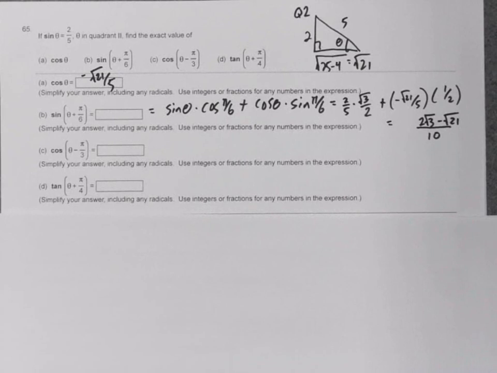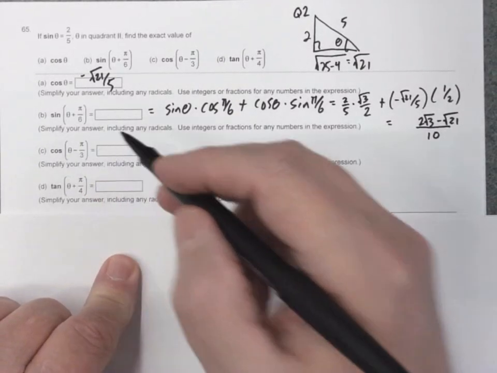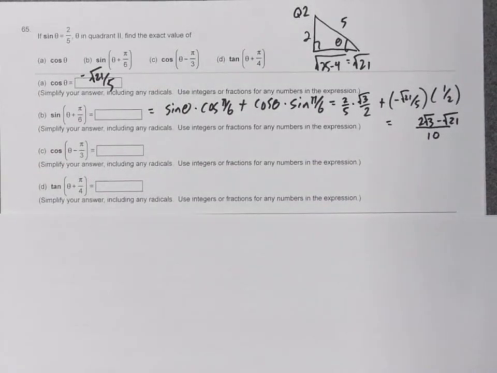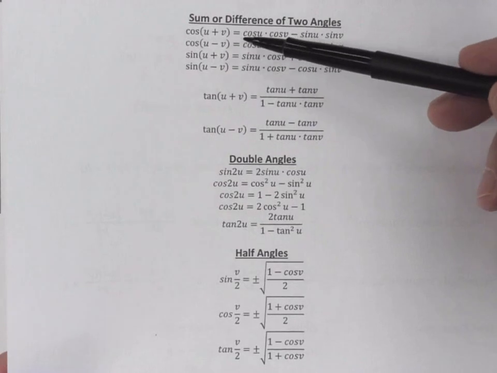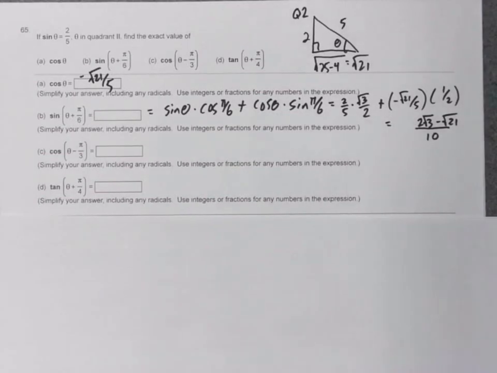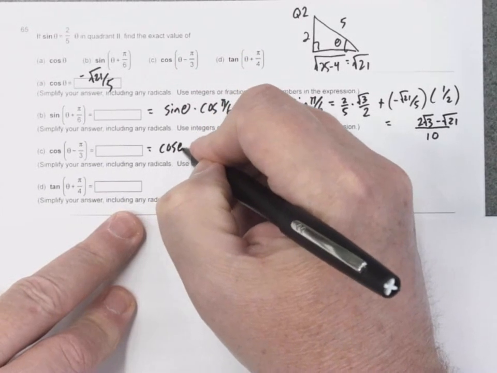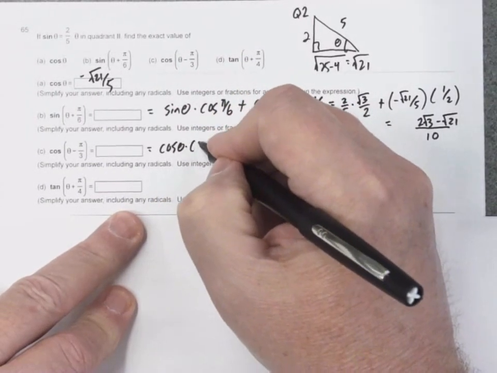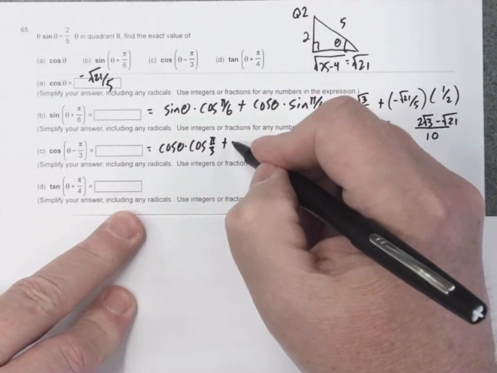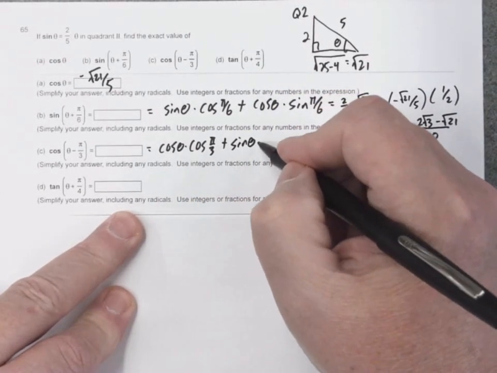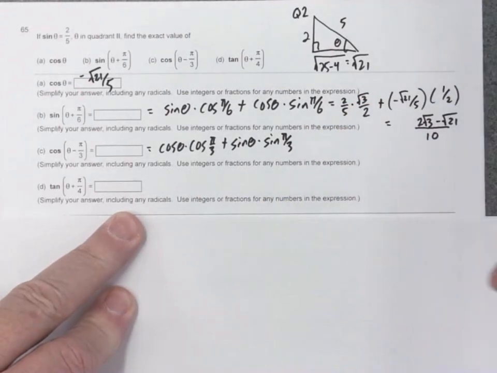And that is correct. So now the cosine, we're subtracting theta minus, so the cosine difference formula, cosine cosine plus sine sine. Cosine theta times cosine pi over 3 plus sine theta times sine pi over 3.